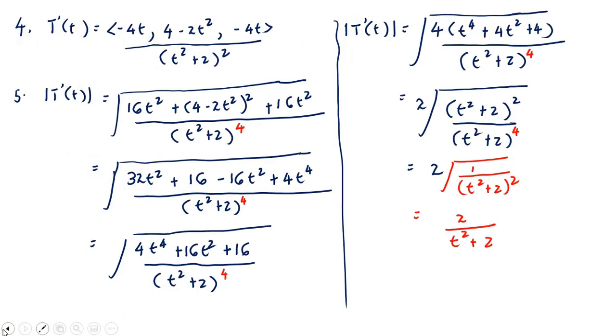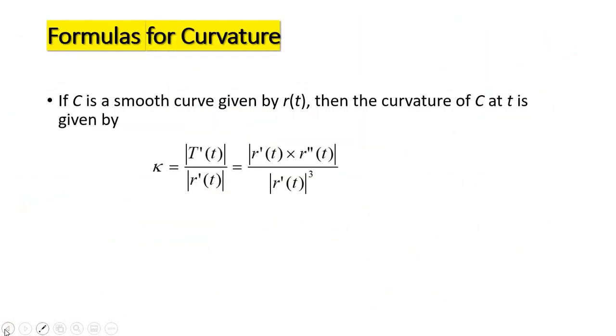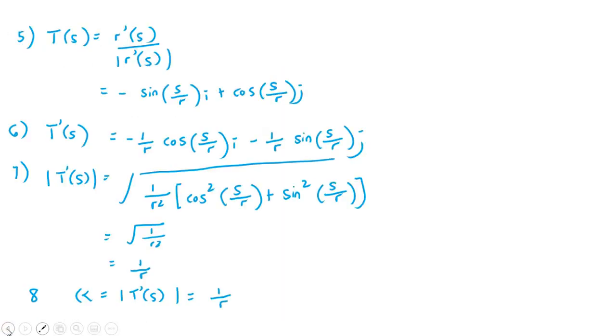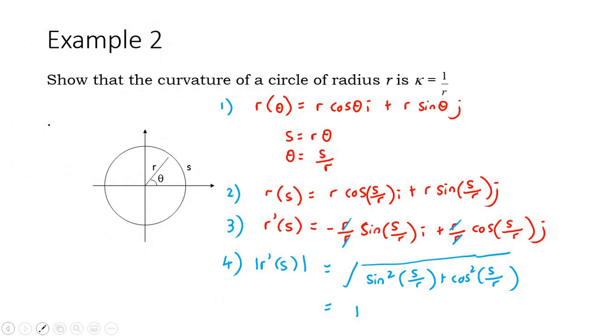And we have also shown the curvature of a circle. We get kappa is 1 over r. Initially r becomes theta, and then the arc length s is r theta, so you change theta into s.